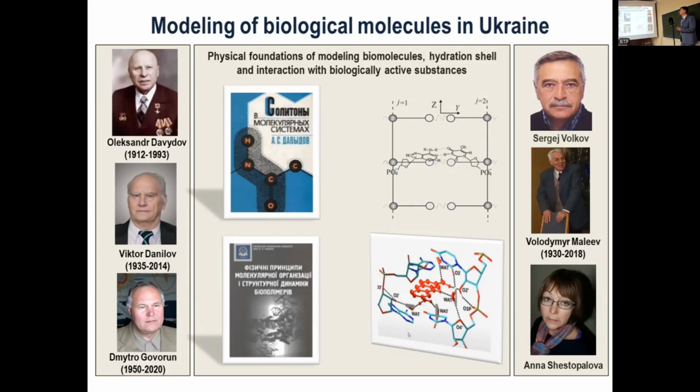Also Viktor Danilov, who studied the electronic structure of DNA, Dmytro Verkhovod from the Institute of Molecular Biology, who also studied the electronic structure of nucleotides. Professor Sergiy Volkov, who developed a model. Vladimir Malenkov, Anna Shestopalova. This is the Kharkiv School of Biophysics, and also many biophysicists in Ukraine, also in Kharkiv.